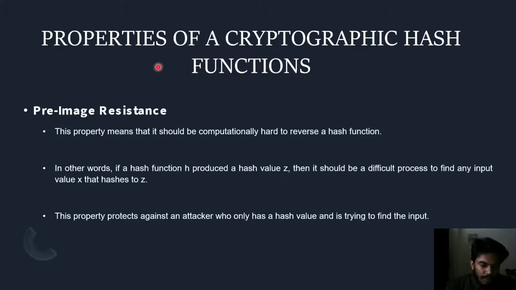As you can see in these lines, if we have a function h that produces a value z from the input x, then it should be impossible to find the value x using the value z.